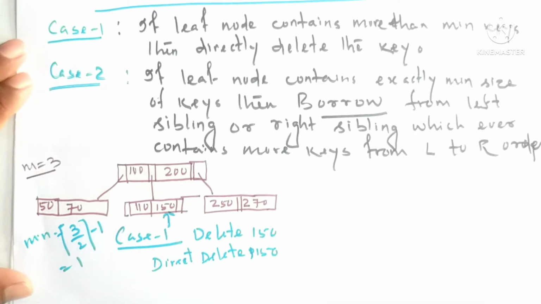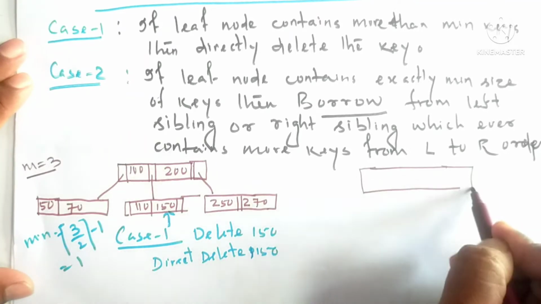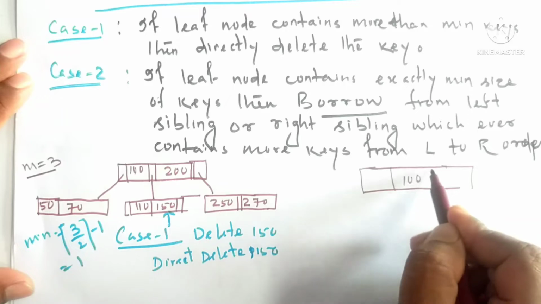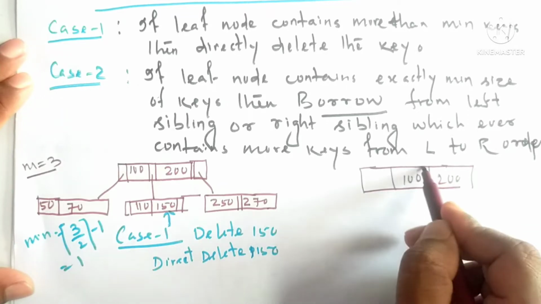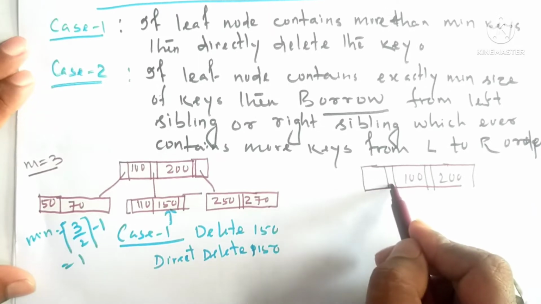For case 2, we have 100 here and 200 here.